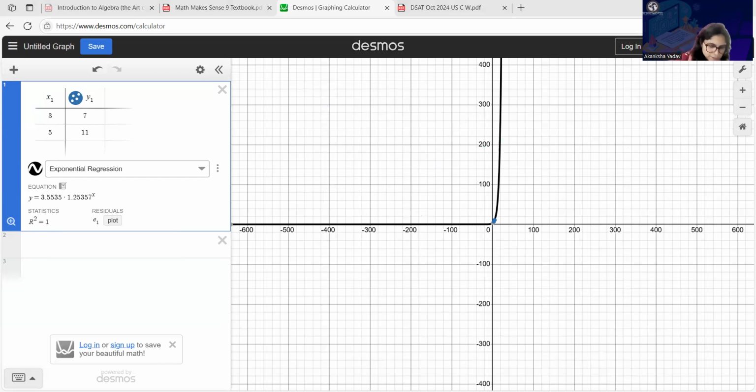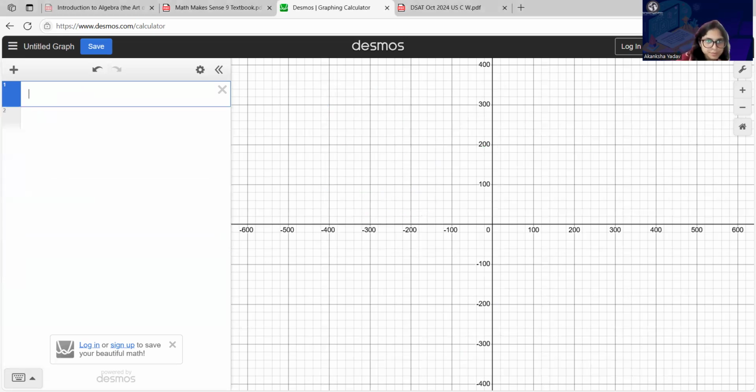Now the third type is your system of equations. Now there are two types of systems of equations. First one is linear. Second one is nonlinear.